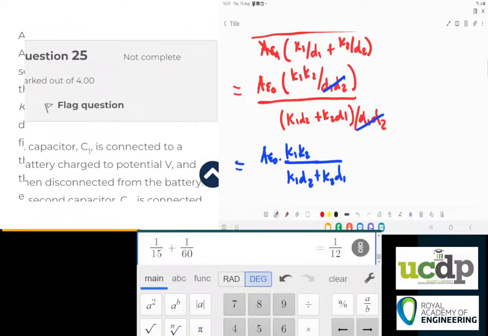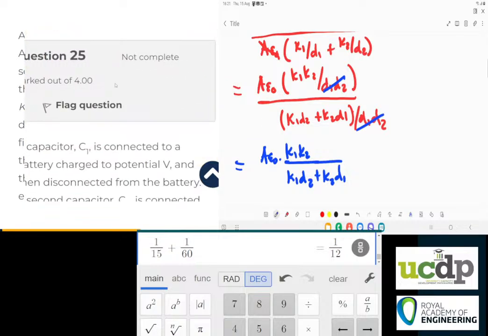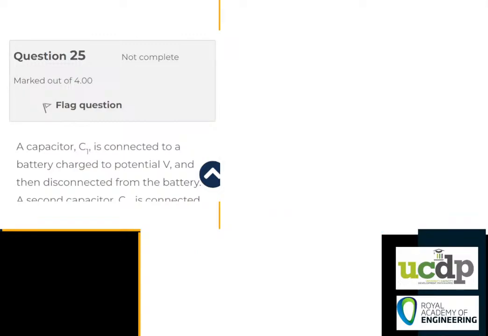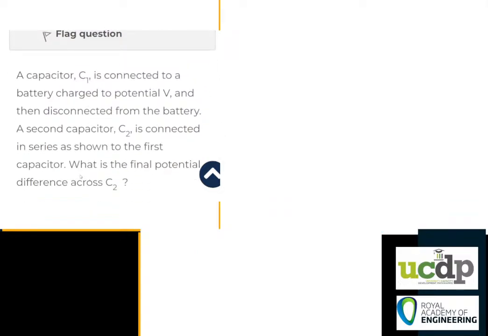Okay, then our next question is number 25. Number 25 goes, a capacitor C1 is connected to a battery charged to a potential V, and then disconnected from the battery, after which a second capacitor C2 is connected in series as shown to the first capacitor.